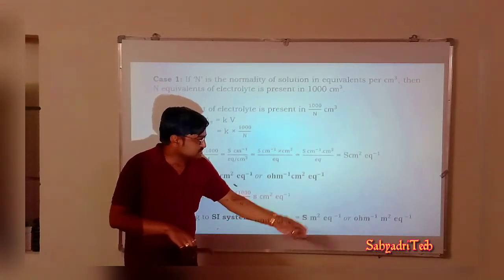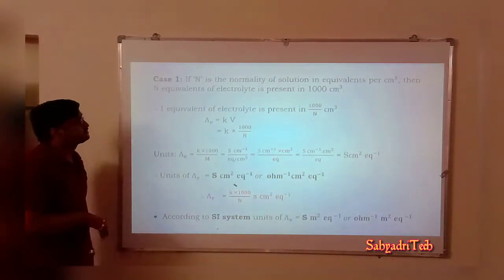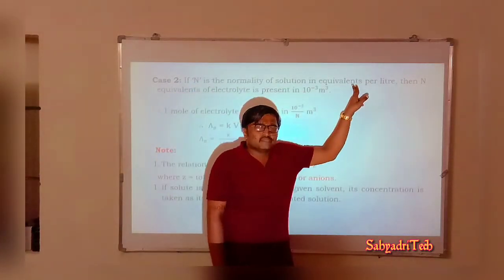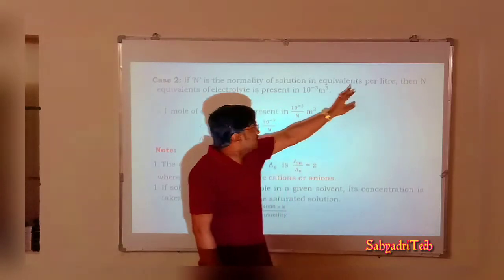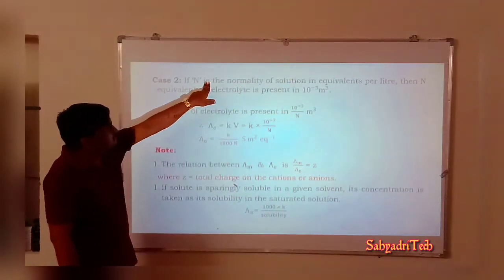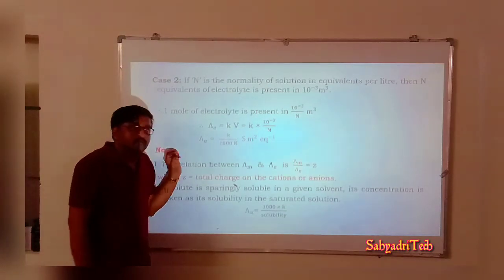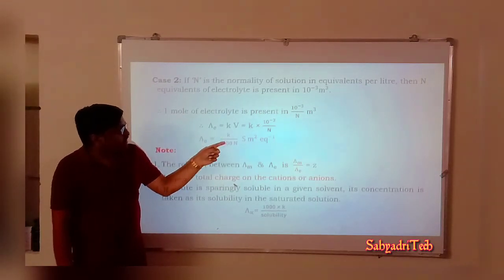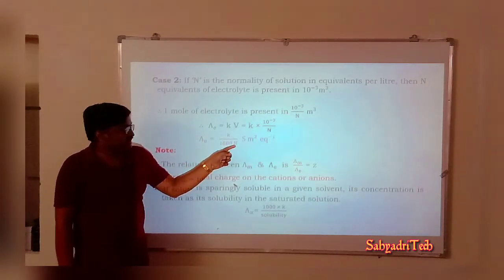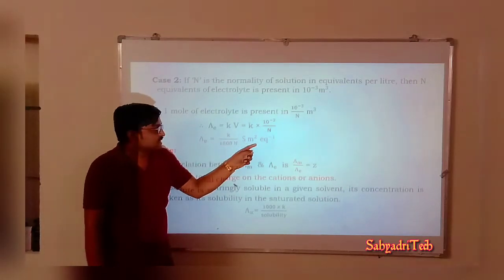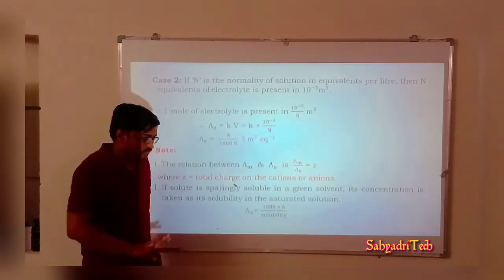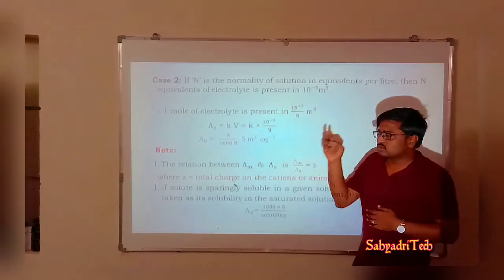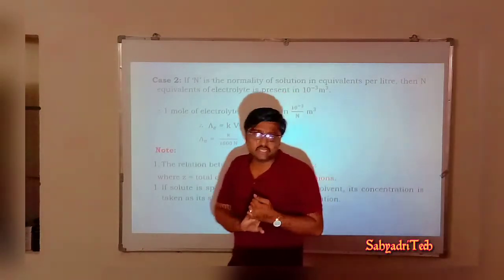Then coming to the second case, if the normality of a solution is expressed in terms of number of equivalents per liter, then the formula is lambda E is equal to kappa by 1000 into N, Siemens meter square per equivalent. So there are 2 formulas for molar conductivity and similarly 2 formulas for equivalent conductivity. These 4 formulas along with their units must be remembered.